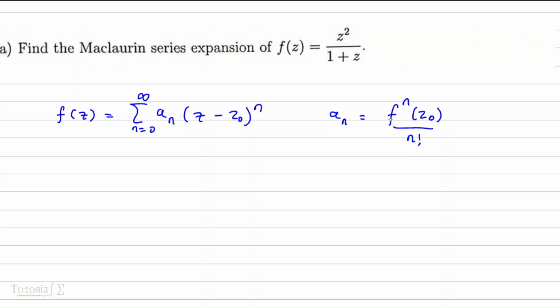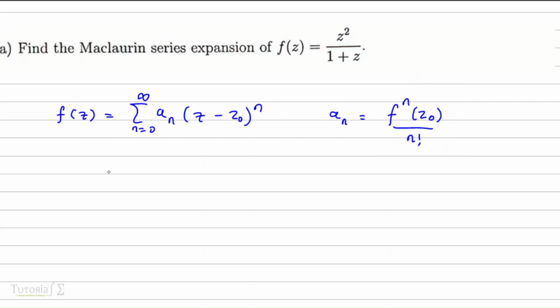So meaning that when you find the nth derivative of f, you replace it there in the general form, and z naught is the center of the Taylor series, and that is it.